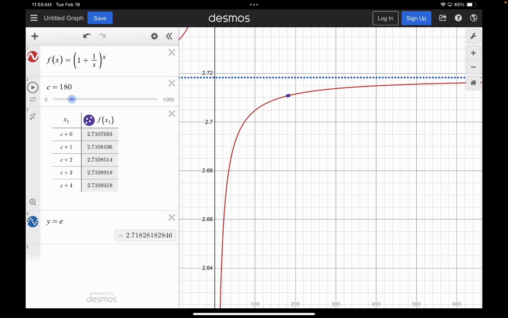So we started with the idea of compounding once per year. At the end of the year you compound interest, and that's n equals 1, and then n equals 2 would be twice per year. If n equals 4, that would be quarterly. N equals 12, that would be monthly. N equals 365, that would be 365 compoundings per year.